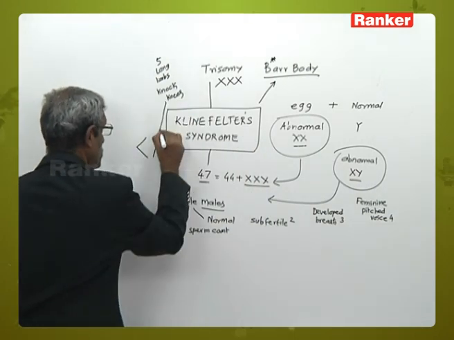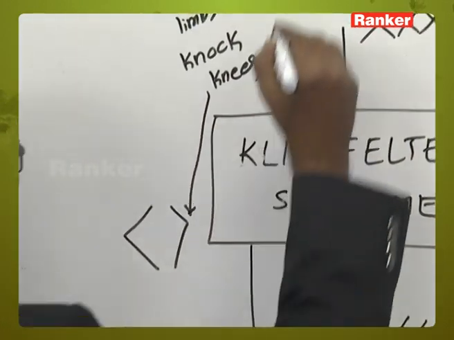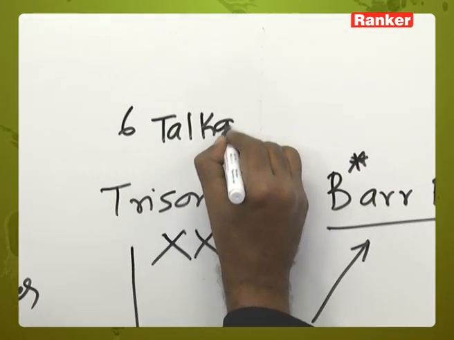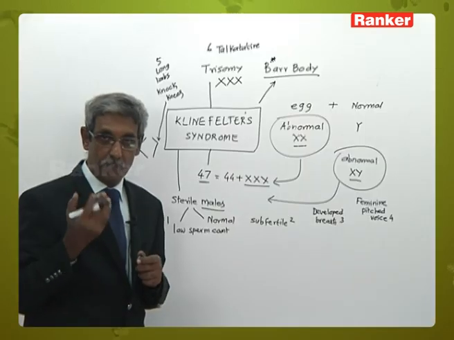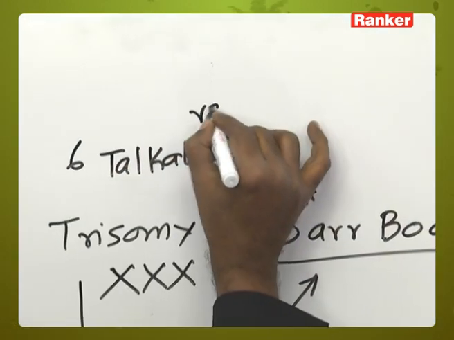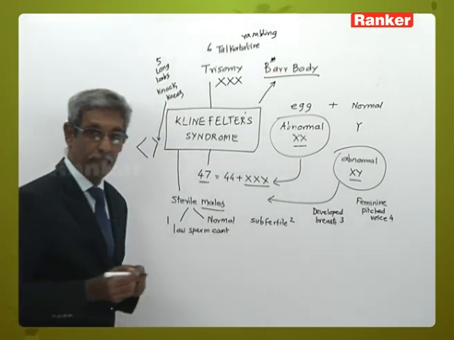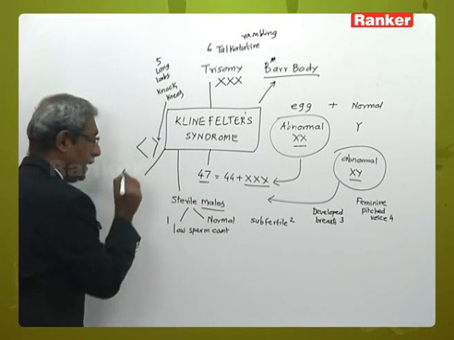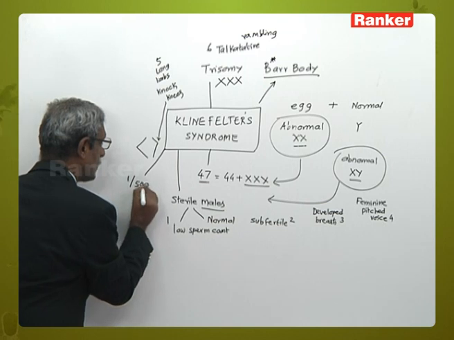They also have a rambling, talkative nature, and the words they speak are odd. So it is a syndrome which shows a rambling, talkative nature. The probability of occurrence of Klinefelter syndrome in a normal population is 1 in 500.